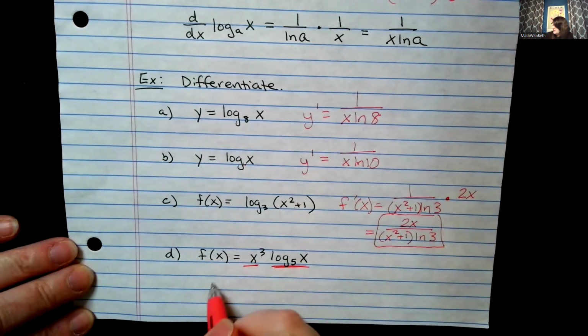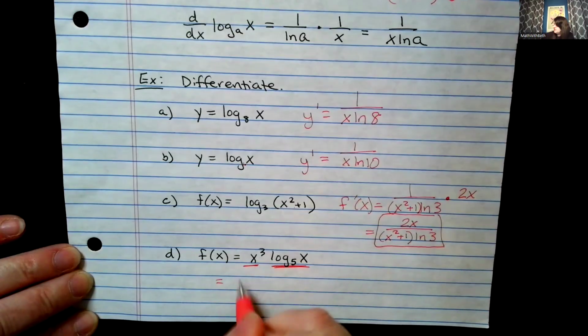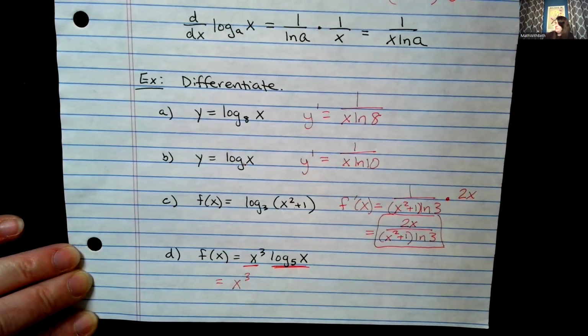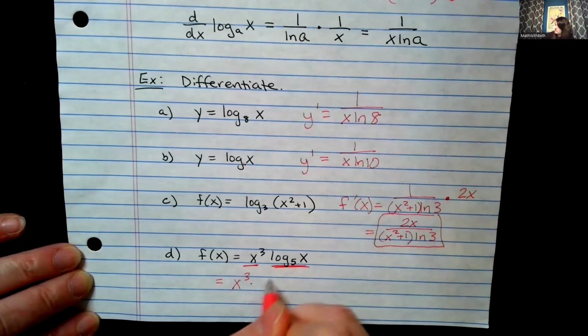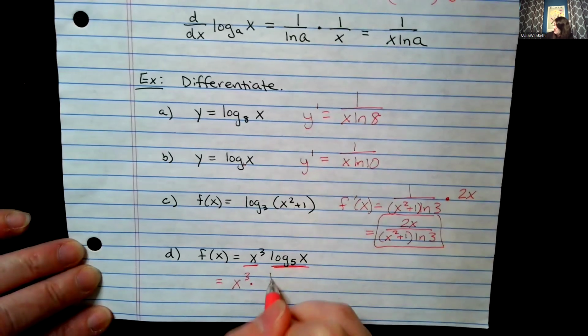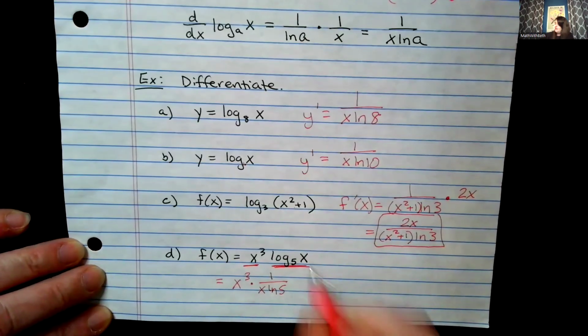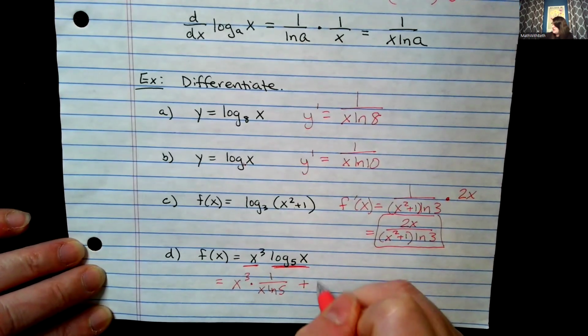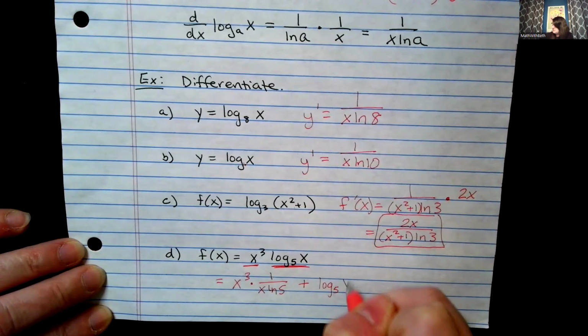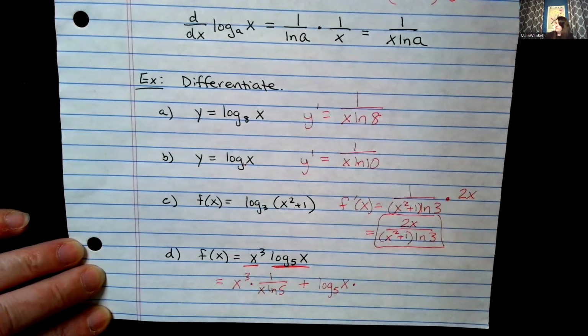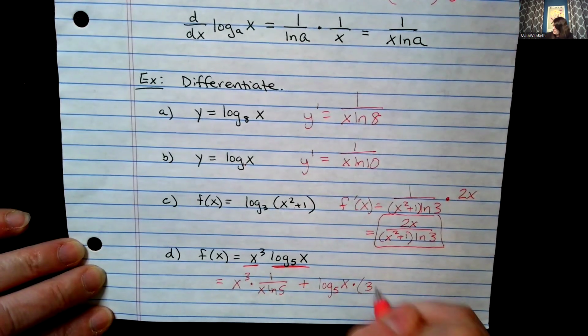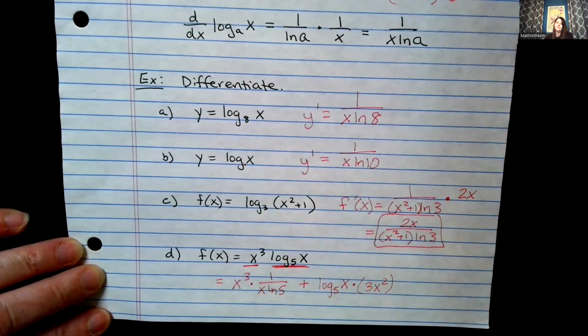The product rule is you take the first thing and keep it the same, but you multiply it by the derivative of the second thing. So that's where I'm going to use this new formula to get 1 over x ln 5. But then you add the second function as is times the derivative of the first. So that would be 3x squared.